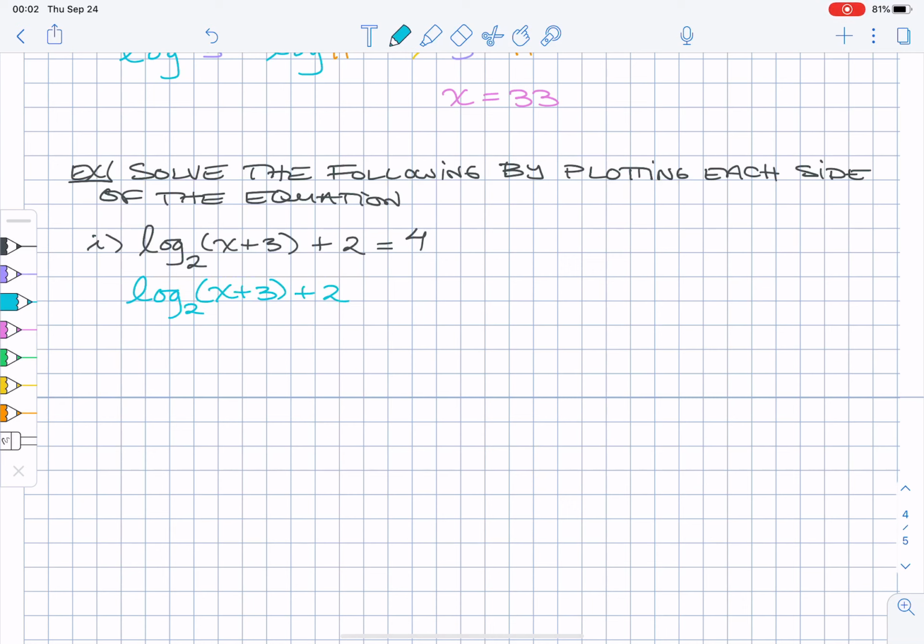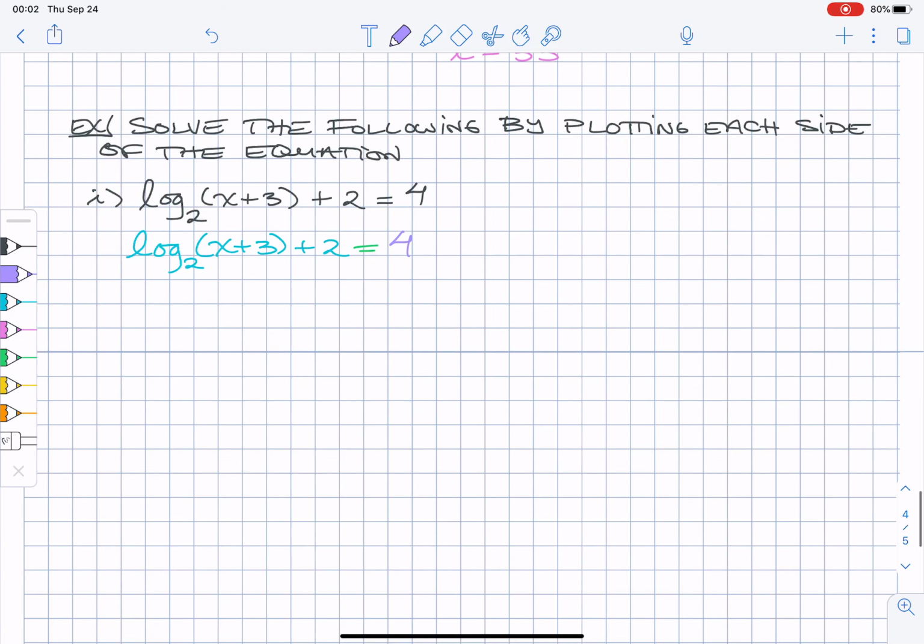So I'm going to plot the blue equation, then I'm going to plot the purple equation. So I know for the blue equation, what do I have? This is going to be left 3. This is going to be up 2. What is left 3 and up 2? Well, of course, a logarithmic function.